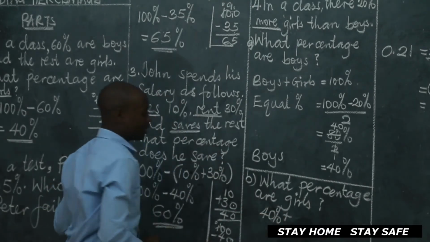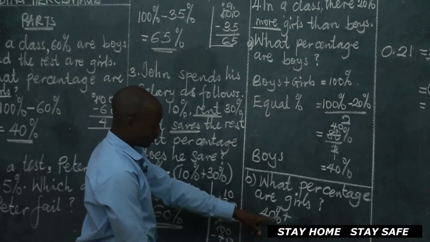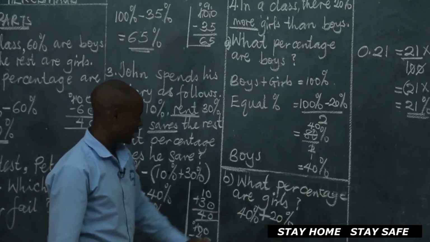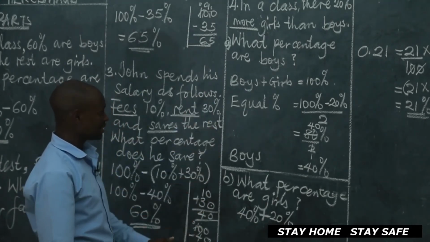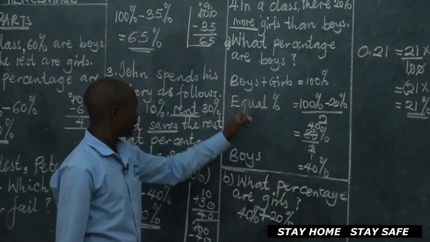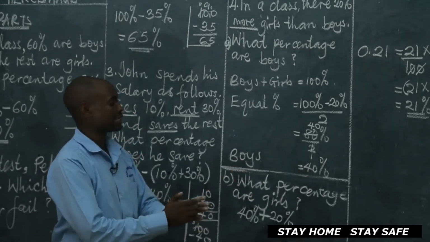But we know that for girls, they are 20% more than boys. So we get the percentage of boys. Yes, we are now looking for the percentage of girls. So we have already seen that the equal percentage of boys and girls is 40. Boys take 40. Girls take 40, the equal percentage.